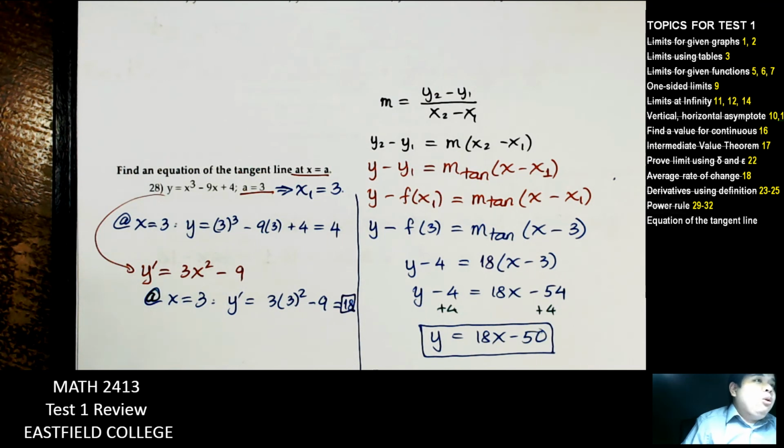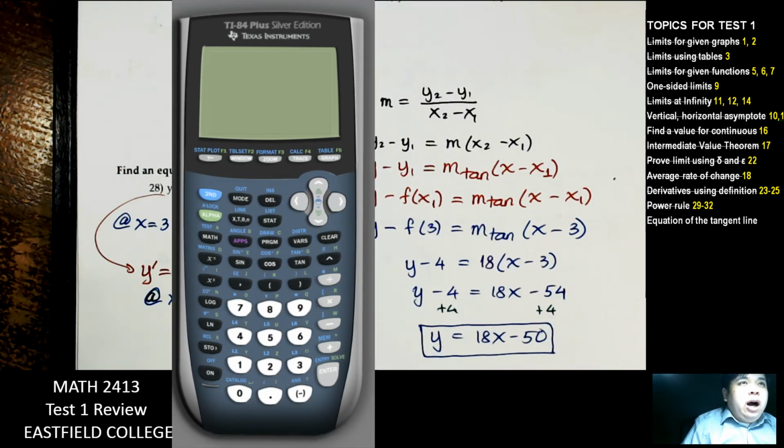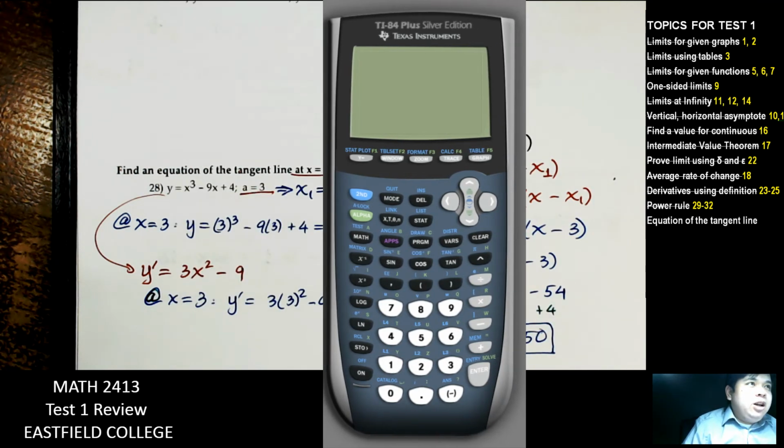We can use the calculator on this one, to try to find the derivative knowing the function. Now, there are a lot of ways to do this. You can hit math, option number 8, I believe, which is derivative, doing the derivative numerically.